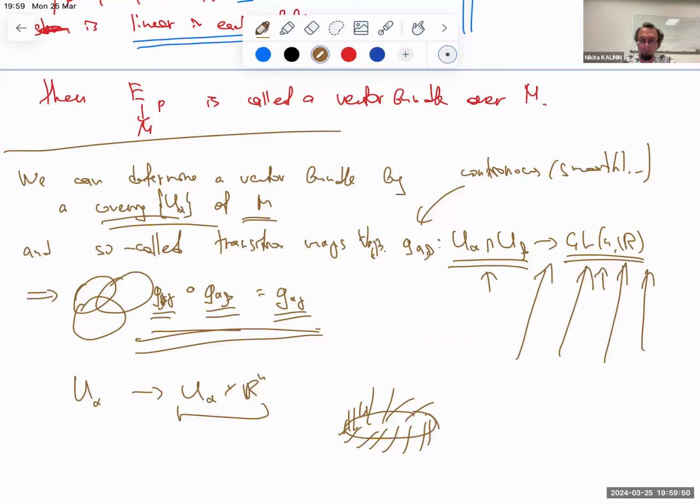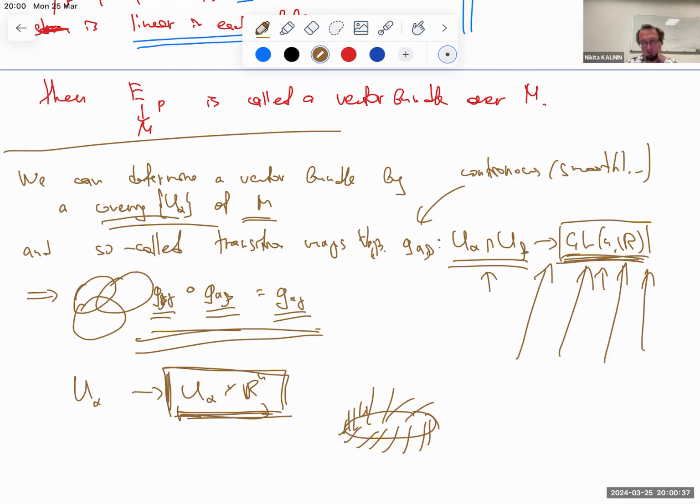Any questions so far? No questions. So, for example, if you study the tangent bundle, when you define it, you also show that for every point there is a neighborhood such that the tangent bundle of this neighborhood is this one, and then when you consider the transition functions, they are given just by the Jacobian, right?